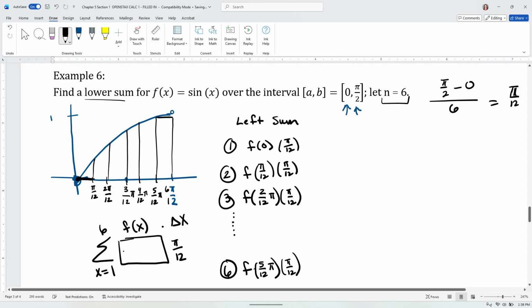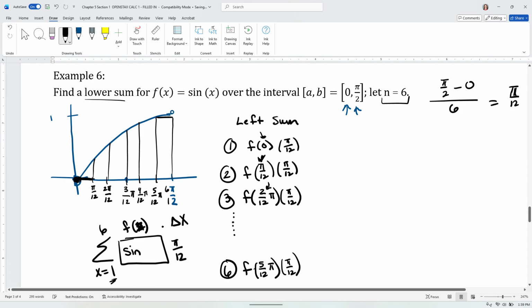I don't want to just put sine of x in there, because if I put a 1 in, I actually want it to calculate the height at 0, right? So this is when I'm plugging in a 1. When I'm plugging in a 2, I get pi over 12. When I plug in a 3, I have to get 2 pi over 12, so on and so forth.